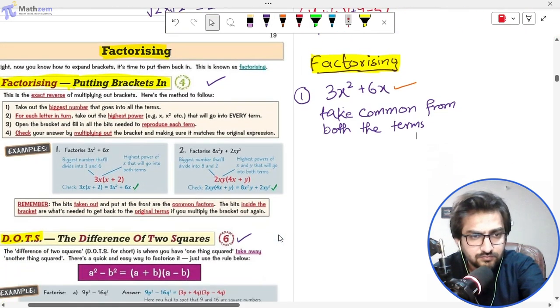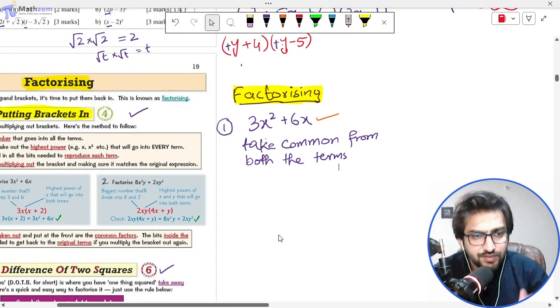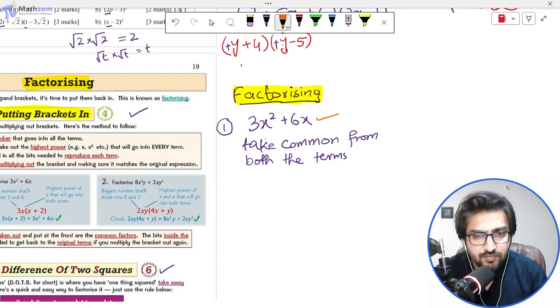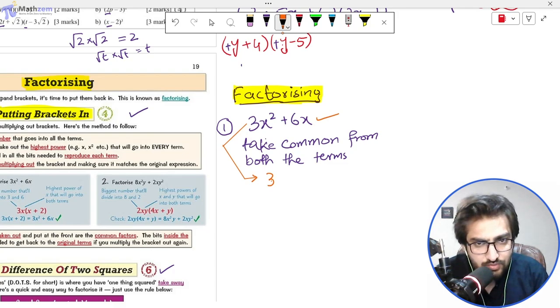Let me make that very simple for you. Let me write that in a simple way. I can write 3, and then I can write x square as x and x, right? x and x, when you multiply them, is x square.